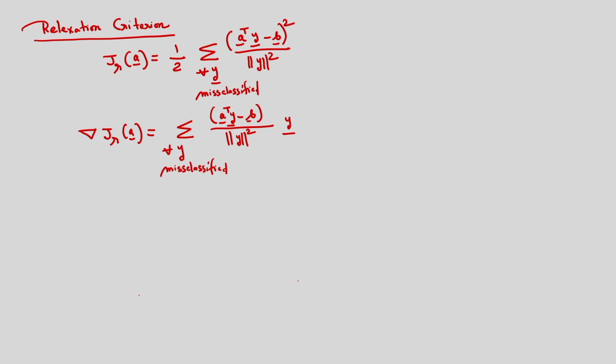So we are taking the gradient with respect to the vector A. So this is the gradient of the relaxation criterion function.